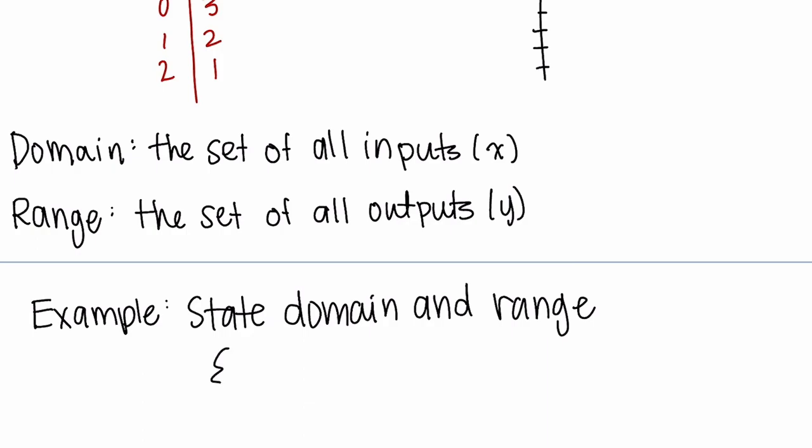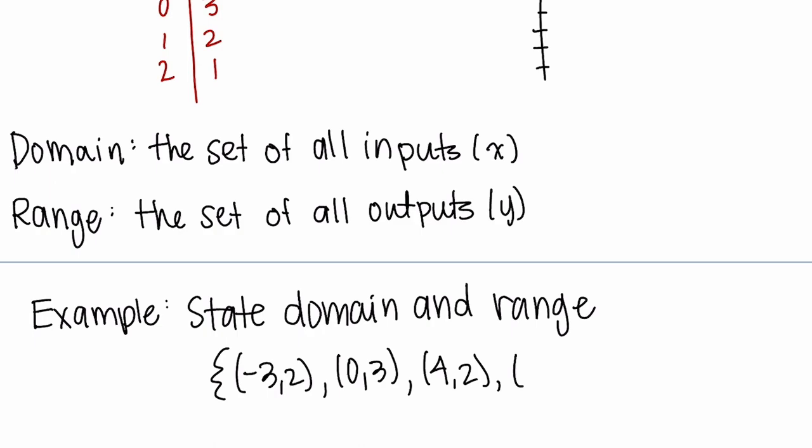I'm going to give you just a set of ordered pairs: (-3, 2), (0, 3), (4, 2), and (-3, 0).